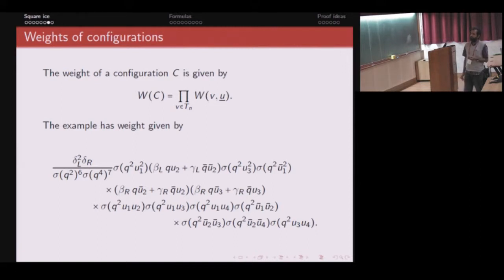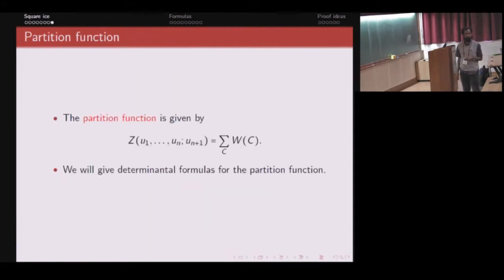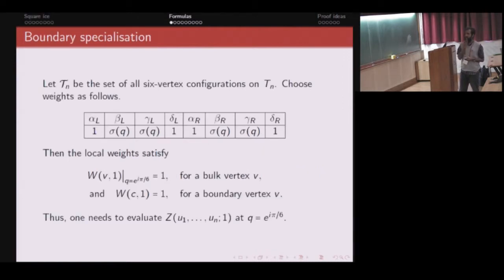The weight of a configuration is the product of all its vertex weights, and the partition function is the sum over the weights of all such configurations. The aim of our work is to give you determinantal formulas for the partition function. These are a priori not obvious at all. The first result in this direction was obtained by my collaborators.